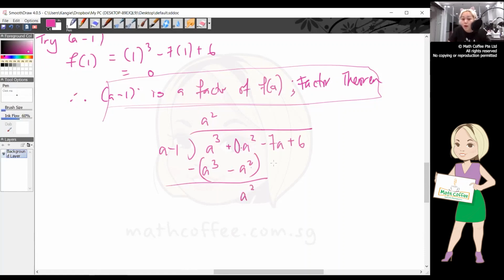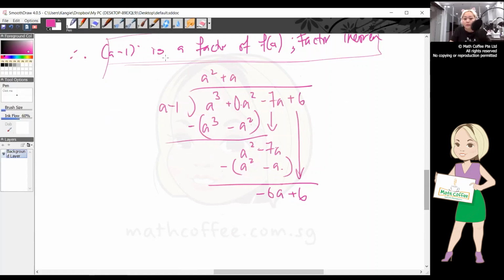So this is a squared. This one bring down minus 7a. So what times a gives me a squared? Plus a. So this will be a squared minus a, and minus 7 plus 1, so it's minus 6a. This one bring it down, so it becomes plus 6. Then you multiply it by minus 6, so minus 6a plus 6. And again, like I said, it must be 0.